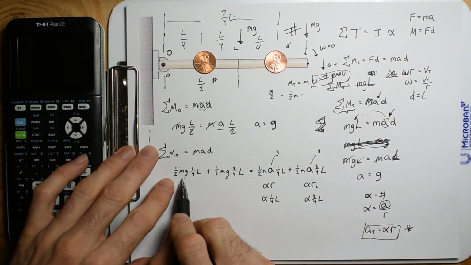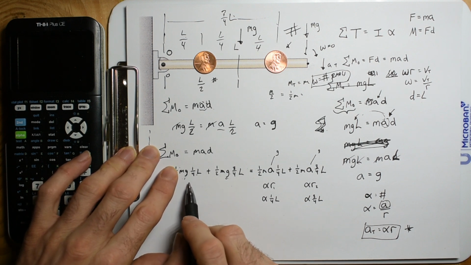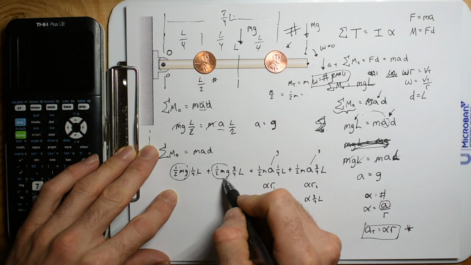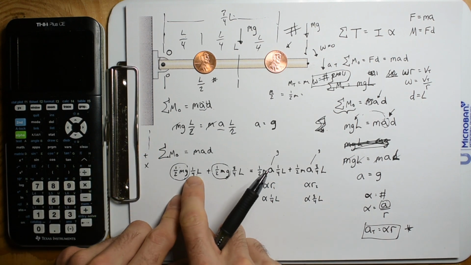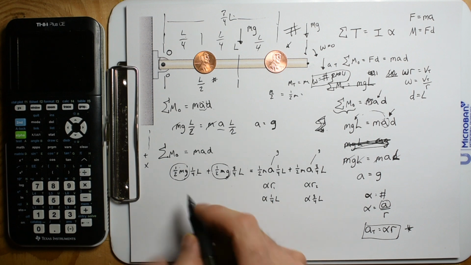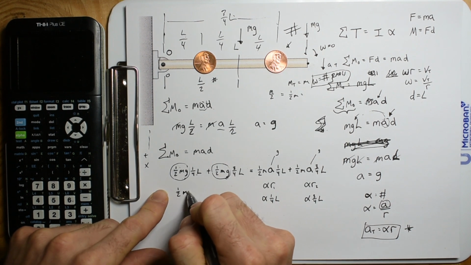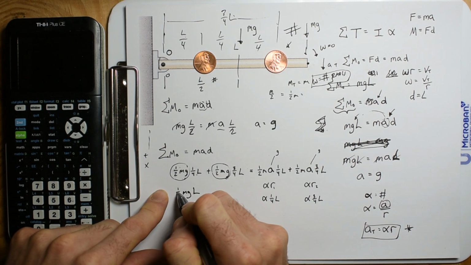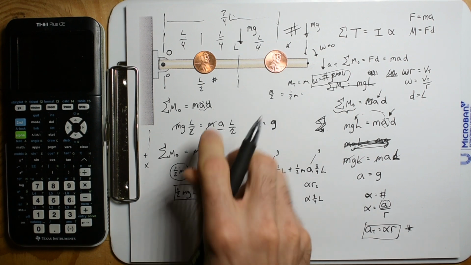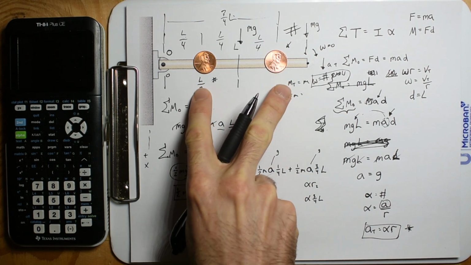All right, so let's add these up. These two terms are the same, so we're going to have a 1/4 L plus a 3/4 L, so we're going to have 1/2 mgL over here. And you can see that this torque is the same, so we're setting up the problem the same every time.